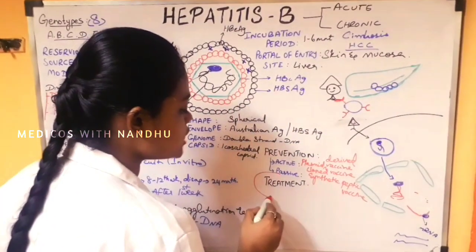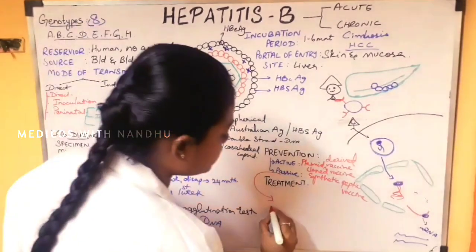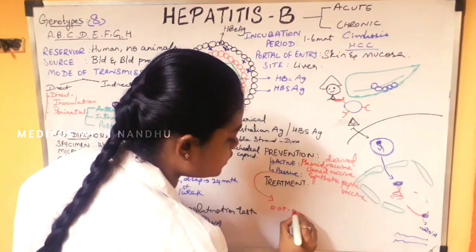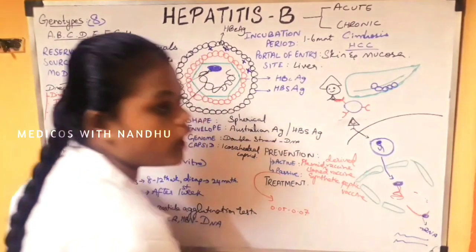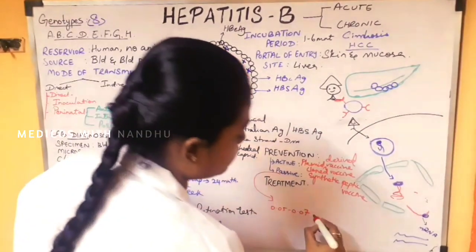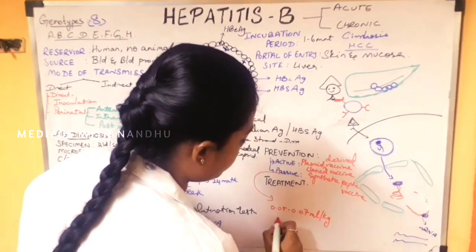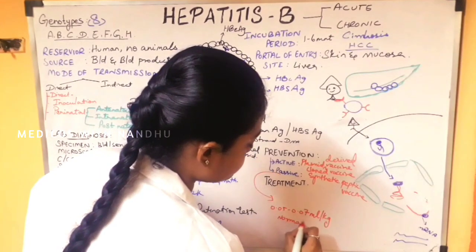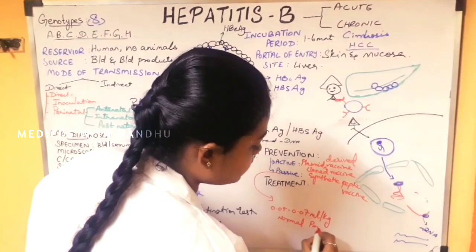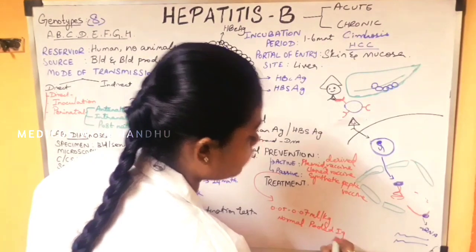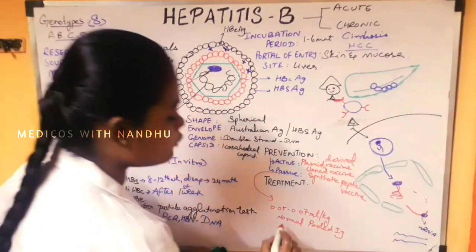In passive immunization, we can give 0.05 to 0.07 milliliter per kg of normal pooled immunoglobulin, which can be given within 48 hours.